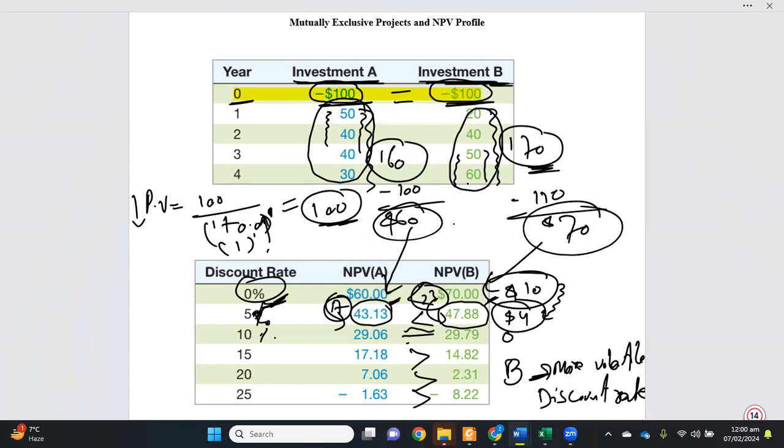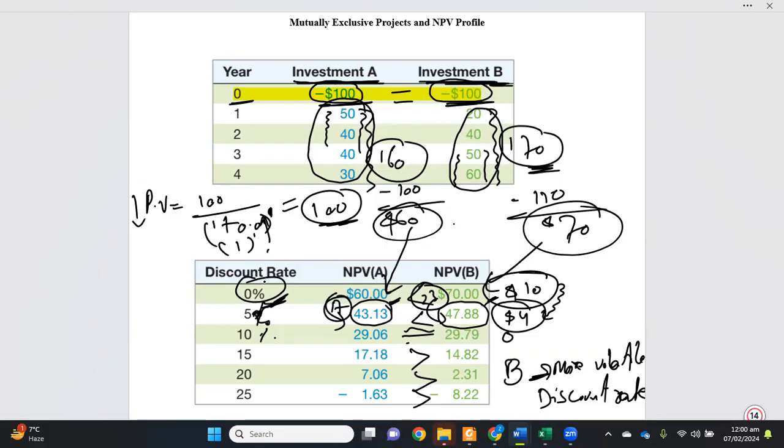For example, in mutually exclusive projects, if we have two projects of equal sizes, but the patterns of the cash flows are different, like in one project major cash flows are in later years, and in the other project major cash flows are in earlier years.